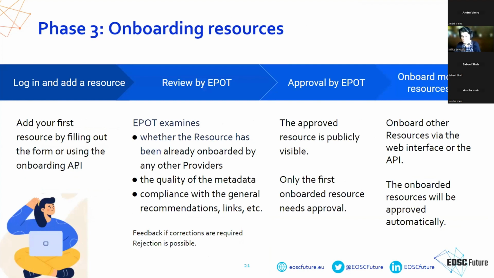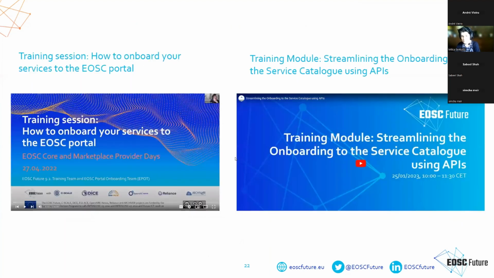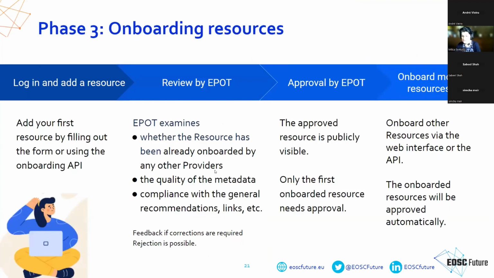So you log in again, and then you click a button to onboard the first resource, and then you fill out another form. I don't have it here, but you will see it later in the demo. It's very similar to the provider's form. It has 11 sections. You fill out this form, and then there is the automated check, and then it's approved by the same team, the EPOT team.